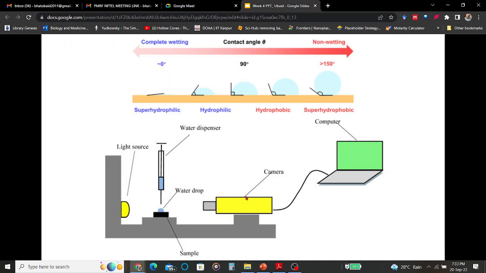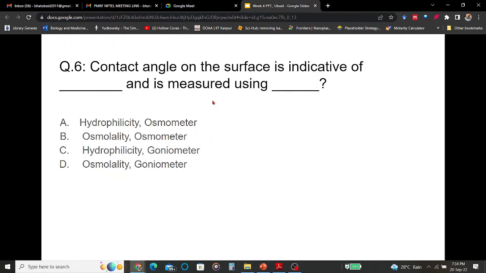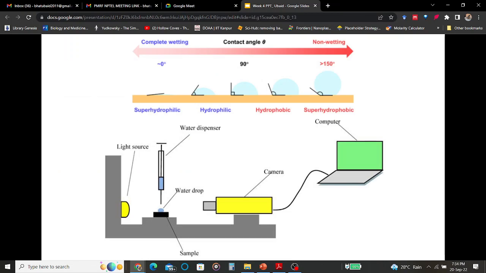The image is connected to the computer, and the software analyzes the angle between the surface and the water droplet. And this instrument is called a goniometer, and it is used to study the contact angle or surface wettability of the material. I hope you have understood this.